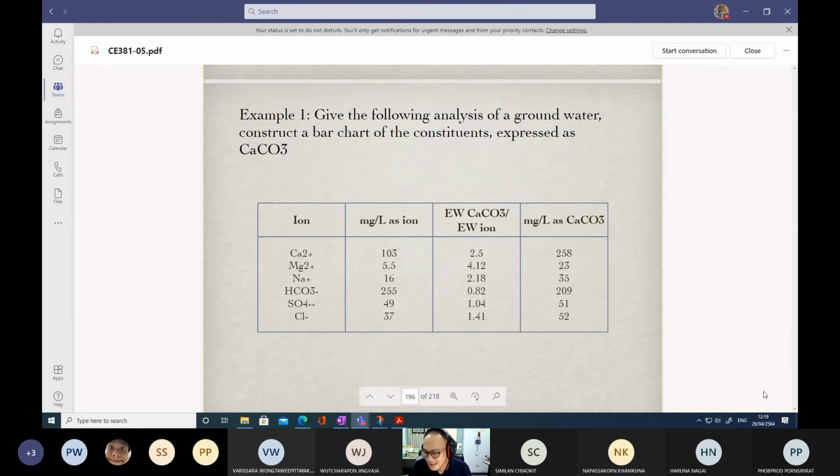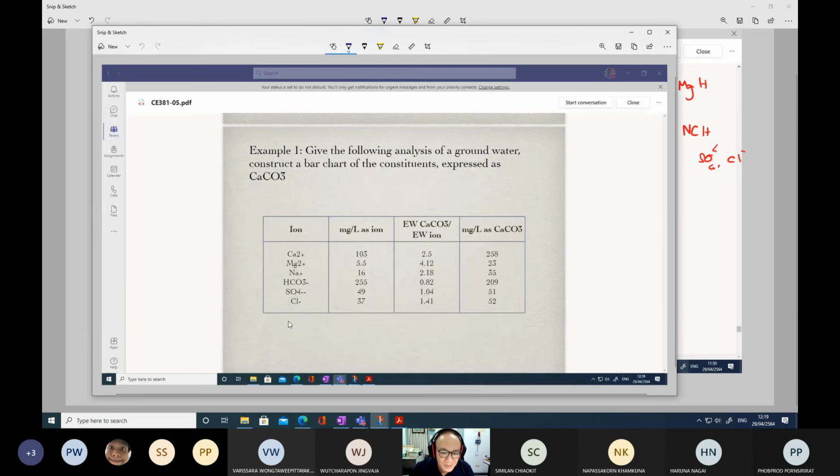For carbon dioxide, the molecular weight is 44. But as far as the dissolution of carbon dioxide in water is concerned, carbon dioxide in combination with water will produce H2CO3.